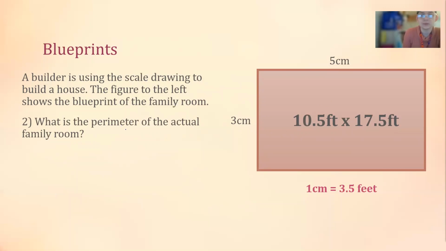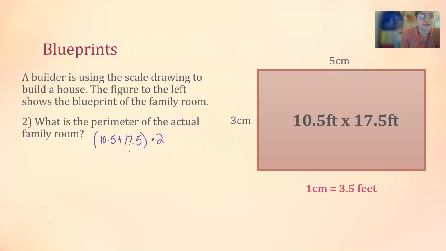So there's a couple of ways. We could add the sides: 10.5 plus 17.5 plus 10.5 plus 17.5. We can multiply 10.5 times 2 and 17.5 times 2 and then add them. Or we can add them and then multiply, which is what I'm going to do. So we have 10.5 plus 17.5, times 2, because I have 2 lengths and 2 widths.